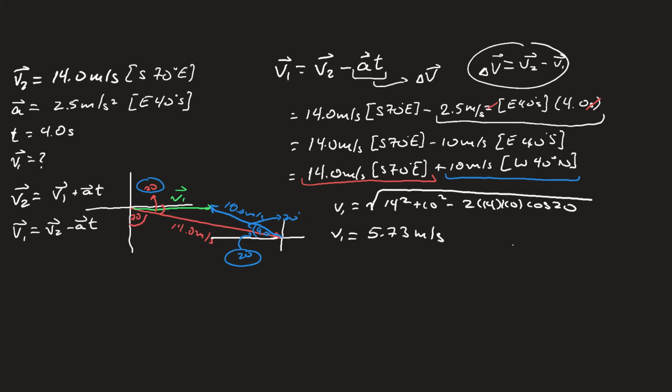I can now use the sine law to tell me what my angle is. So I have sine theta over the opposite side, which is 10, equal to sine 20 divided by the opposite side, which is 5.73.